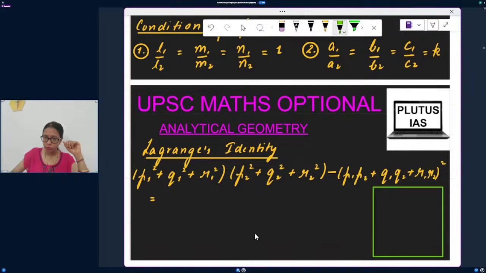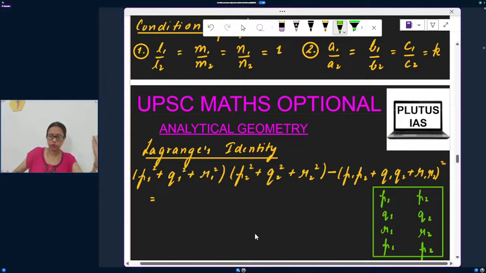Write down P1, Q1, R1 and again P1. Here also P2, Q2, R2 and again P2. And there is a simple pattern: (P1 Q2 minus Q1 P2) whole square.